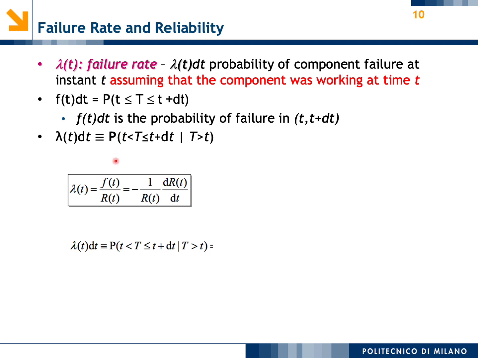This equation shows us how the two cases are similar, except that if we consider the failure rate, we have to take into consideration the conditional probability that the event t, so the failure of the component, happens after the value t, so the beginning of the interval.